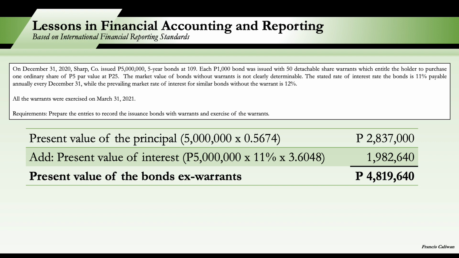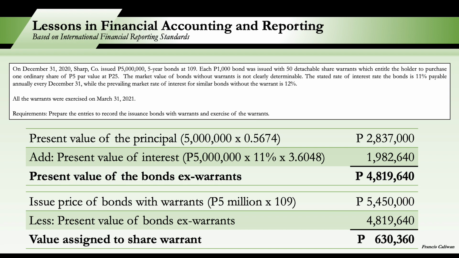By how much? So 5 million less 4,819,640, a discount of 180,360. Okay, after we determine the present value of the bonds without the warrants, let us now bifurcate the issue price. So our issue price is 109.